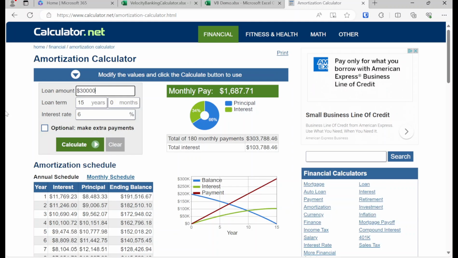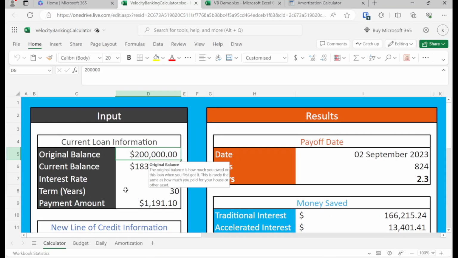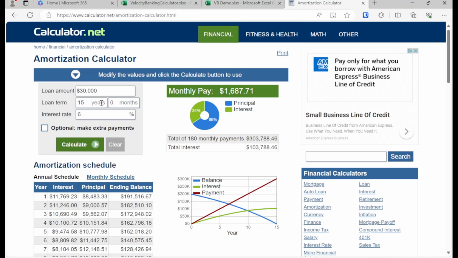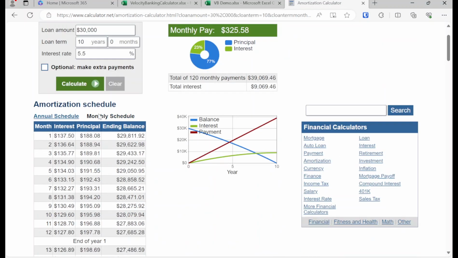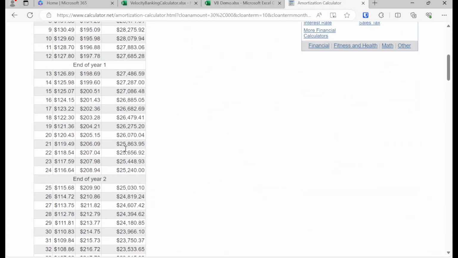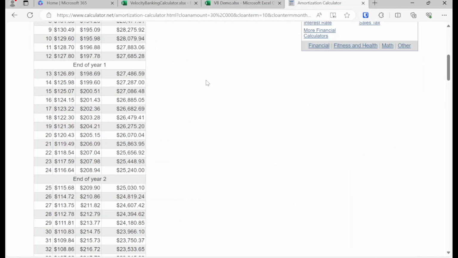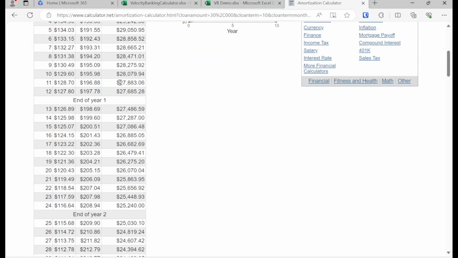So it'll be 30,000. Not the interest rate, the balance, my bad. 30,000 at 5.5%, and if you have student loans for 10 years, right? I totally forgot about that until I re-looked it up on Navient.com. All right, so 5.5%, and this will be 11 months and 27 grand.